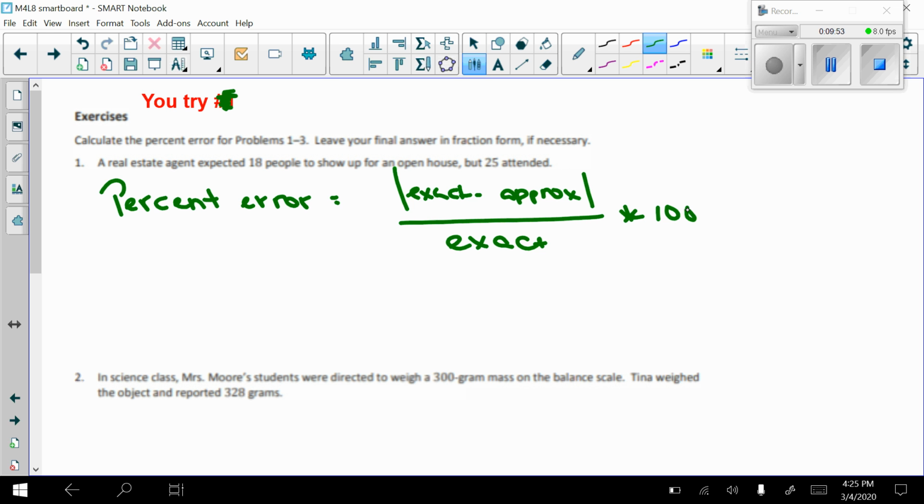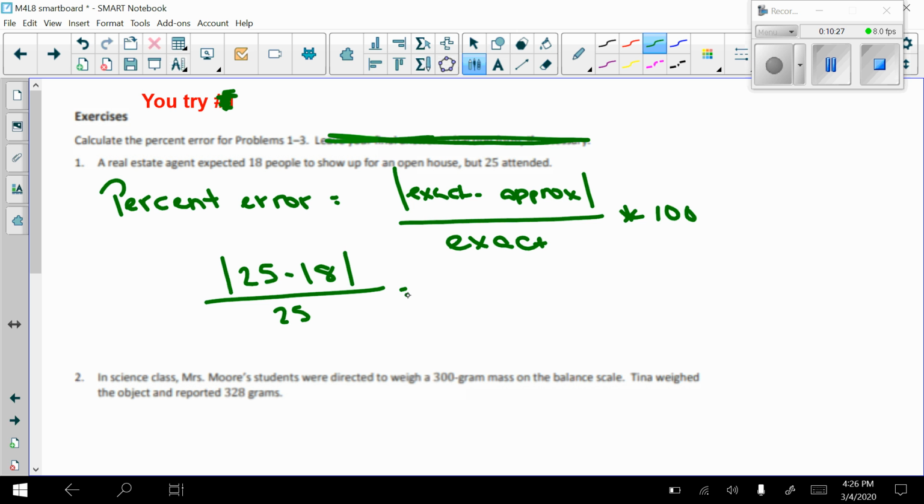All right, so a real estate agent expected, oh, we're also going to take out this last sentence. Real estate agent expected 18 people to show up for an open house, but 25 attended. So what was the exact number that attended? 25. The approximate, so before the open house, they approximated 18. And all that over the exact, which was 25.